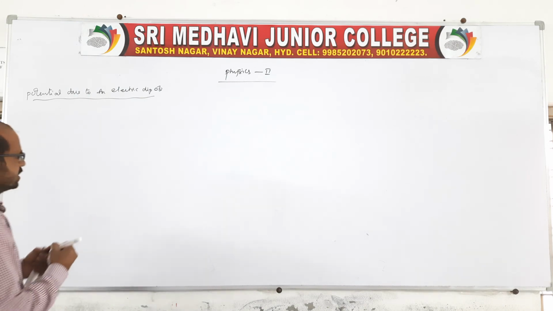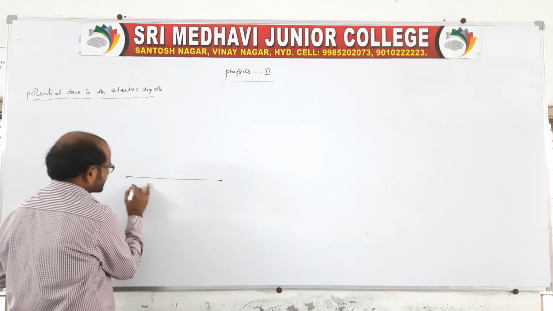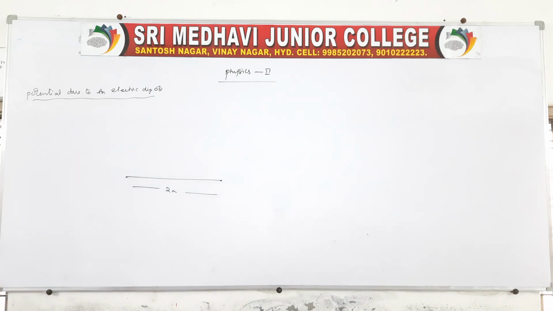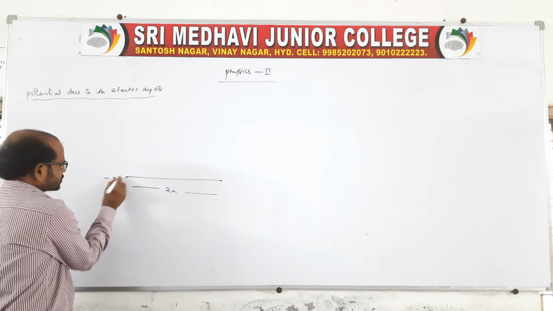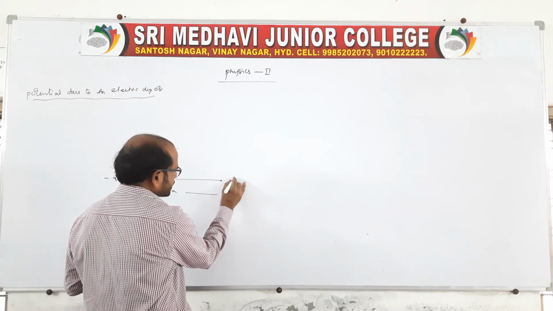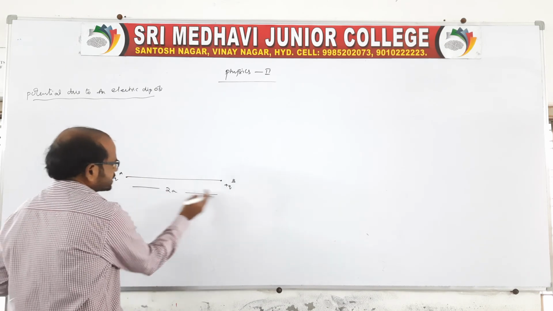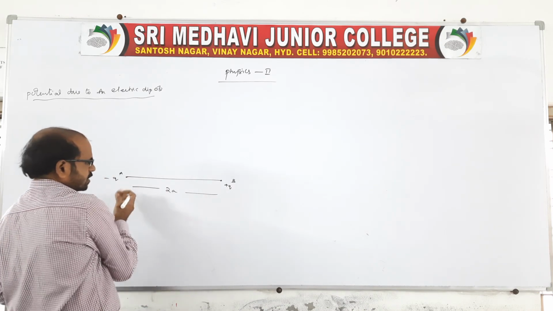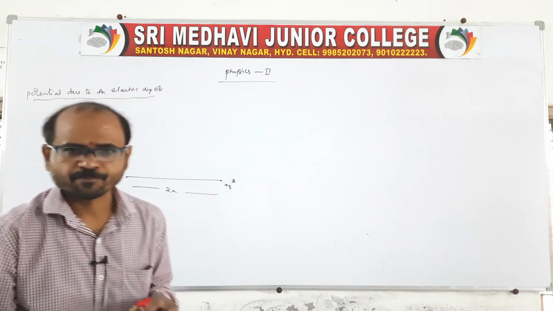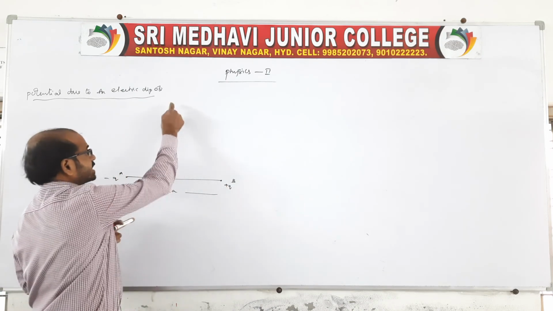In this case, let us take two charges separated by a small distance, which we can say is 2a. There are two charges: a minus q charge placed at a point A, and a plus q charge placed at a point B. Now we have to find the electric potential, which is not on the axial line and not on the equatorial line.